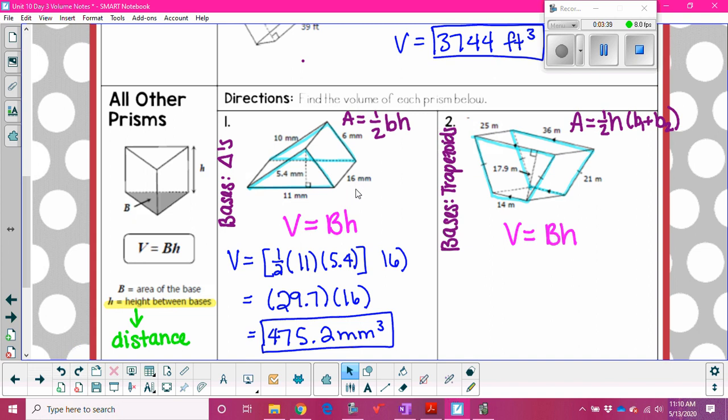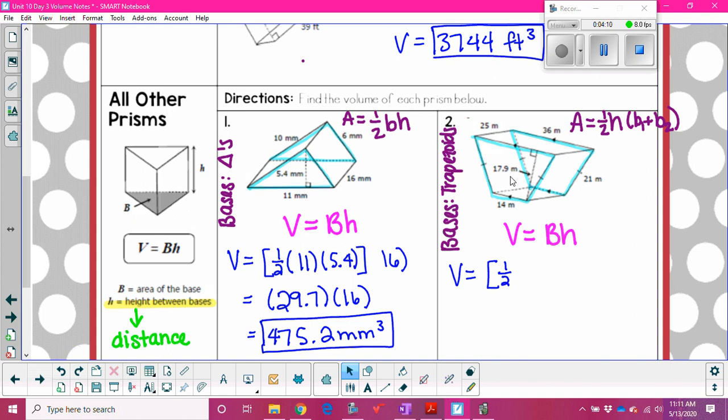Okay, so the bases of this prism are trapezoids. I've put the formula for the area of a trapezoid up here, 1/2 times the height times the sum of the bases. So all I'm going to do is fill in now. We have the volume equals area of the base times the height. The formula for the area of the base is 1/2 times the height of the trapezoid, which is perpendicular to a base.